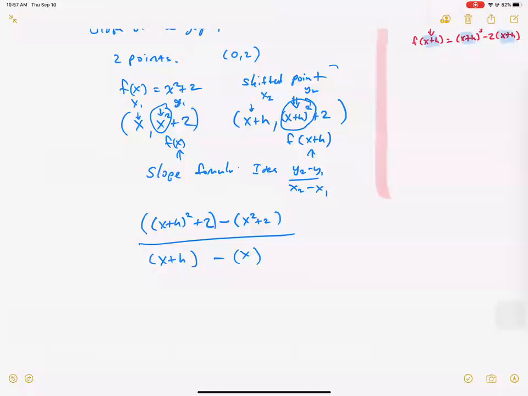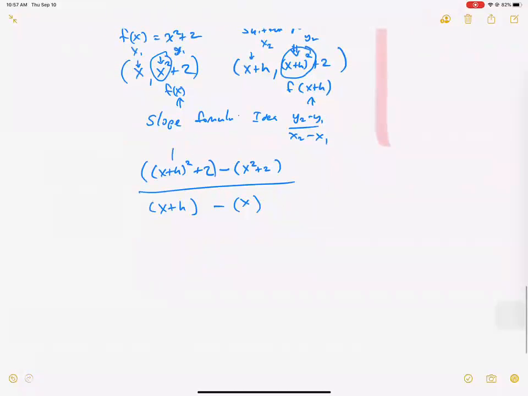So we're going to simplify this problem now. What is x plus h squared? Squaring a binomial is x squared plus 2xh plus h squared, plus 2. If you're not sure, x plus h squared is x plus h times x plus h.